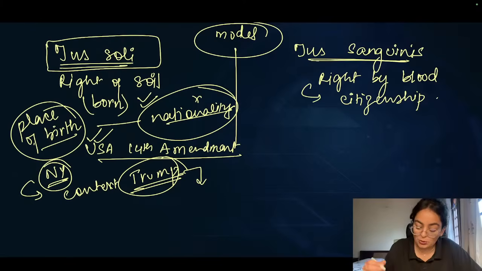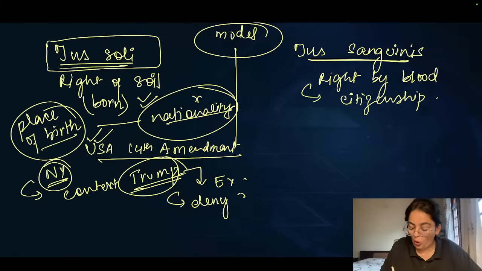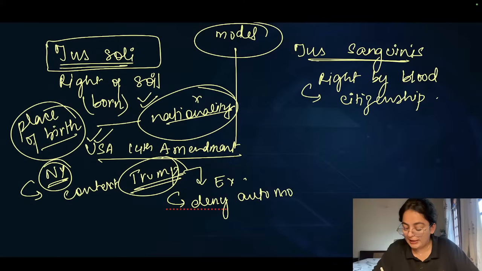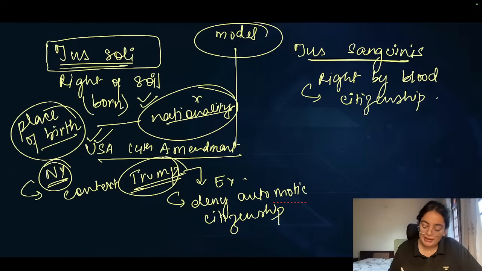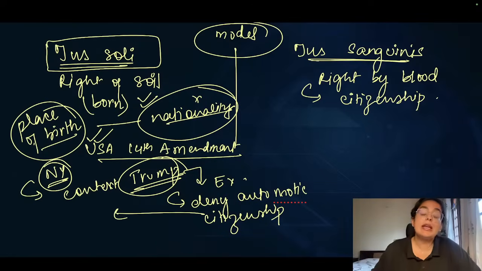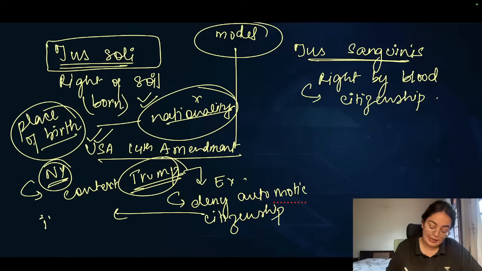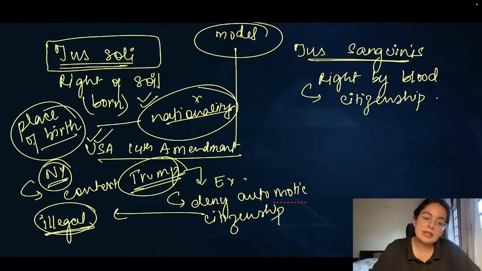What did President Trump do? He released an executive order, and he says that we will deny this automatic citizenship, that means if you're born, you will not automatically get citizenship on the basis of this principle. Who can be denied this automatic citizenship? In case you are born to illegal migrants, that means you are staying in the US on illegal immigration, or illegally occupying a place in the US.